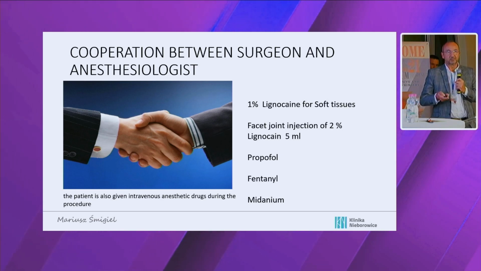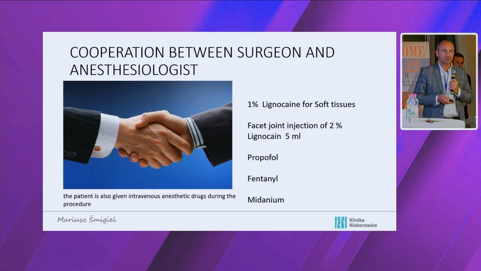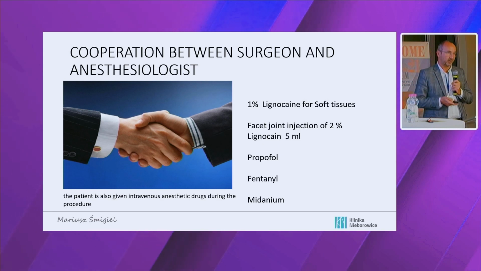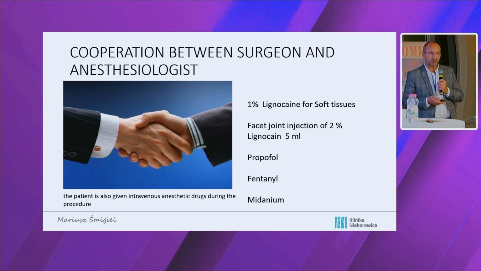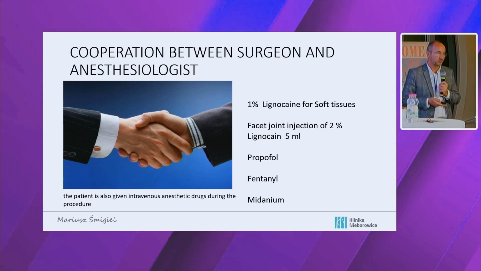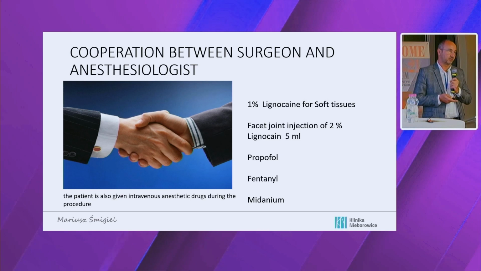Because on the one hand, we want comfort so that the patient doesn't move on the table. And on the other hand, we want to have information from the patient when our instruments are close to the nerve root.